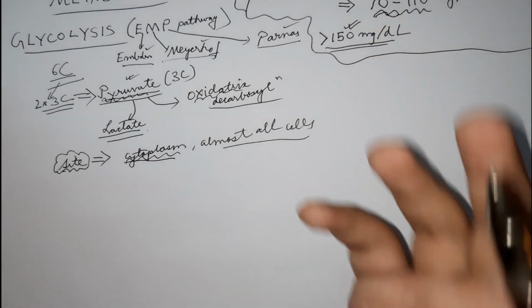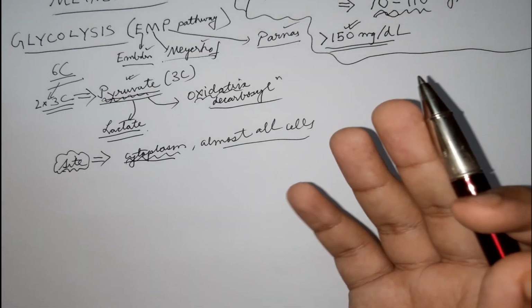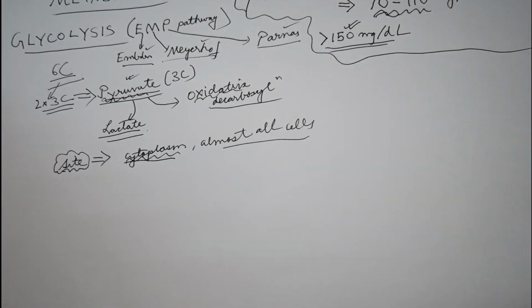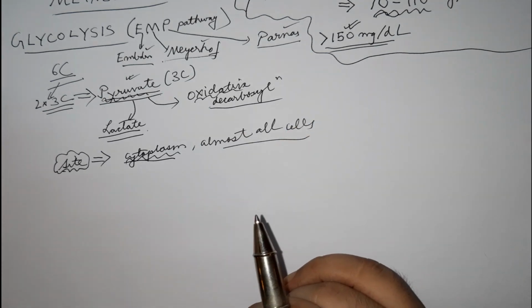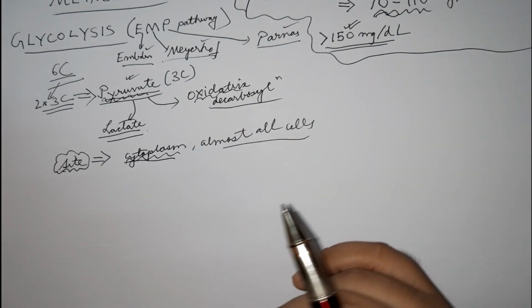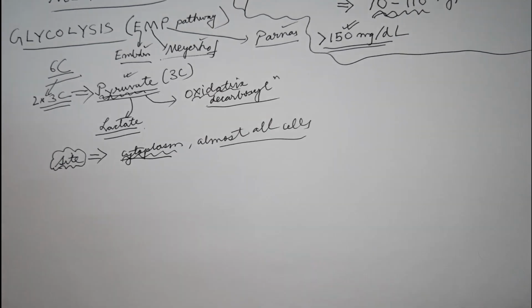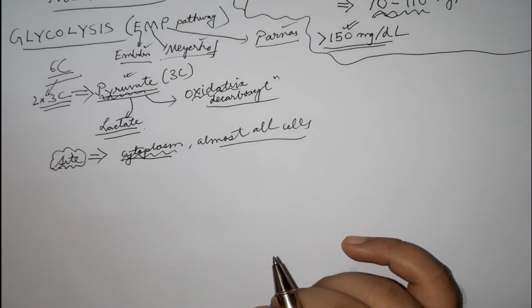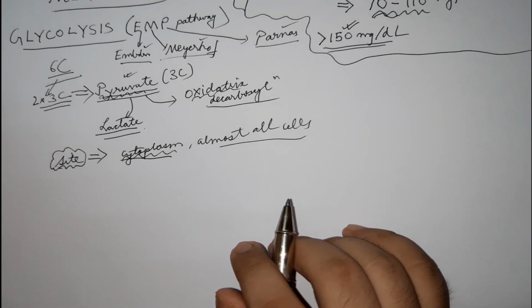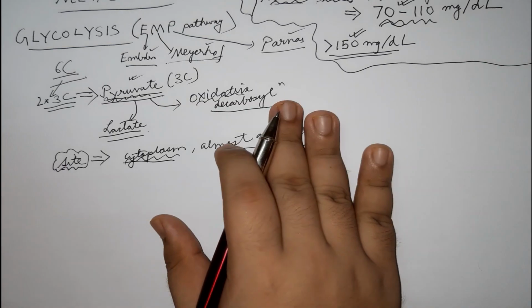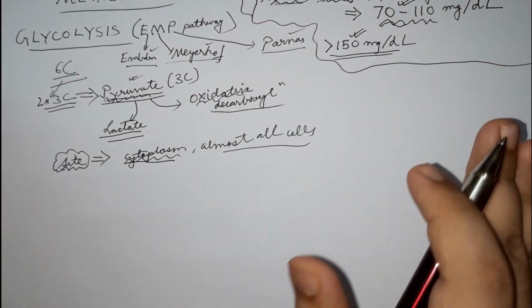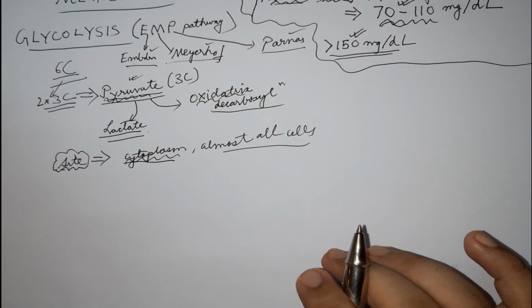For example, as I have exemplified, the non-essential amino acids, or the glycerol part of fat, or important compounds such as 2,3-bisphosphoglycerate, which are very important for erythrocytes, right? So synthesis of different compounds is another significance of glycolysis.